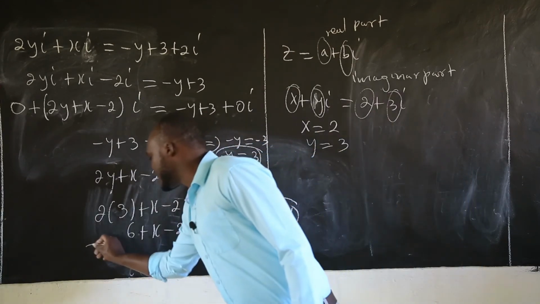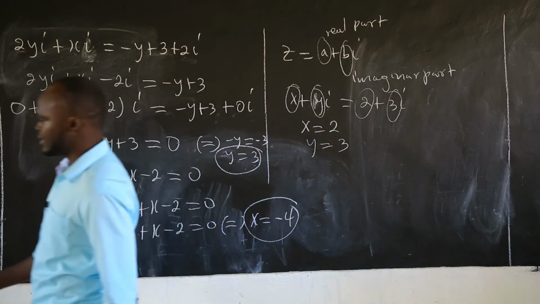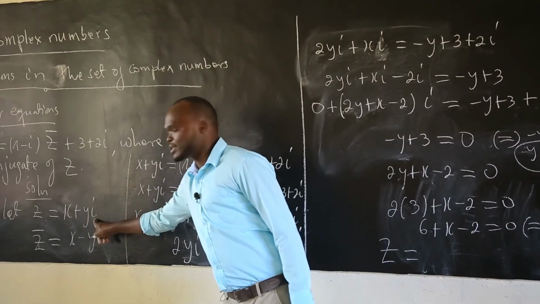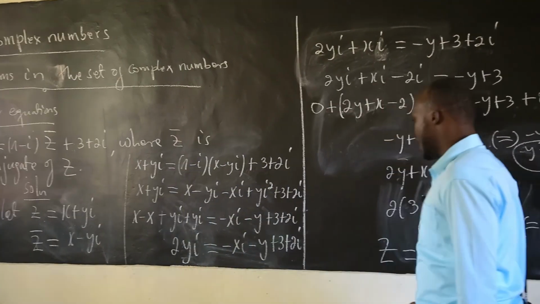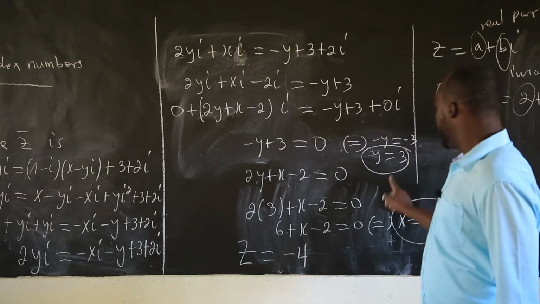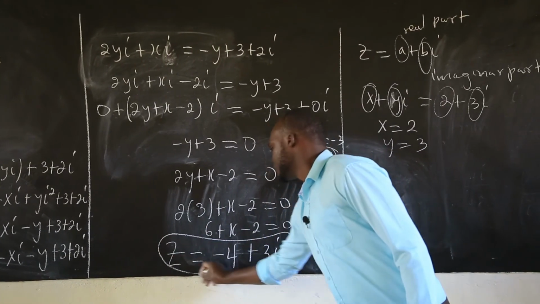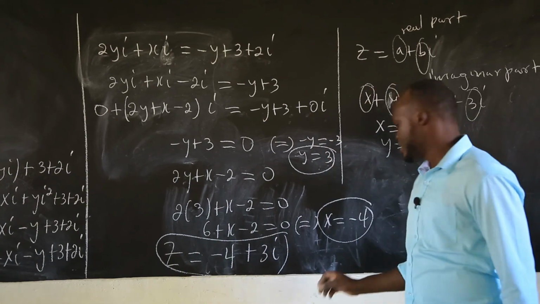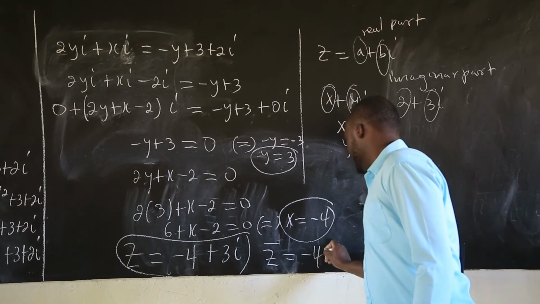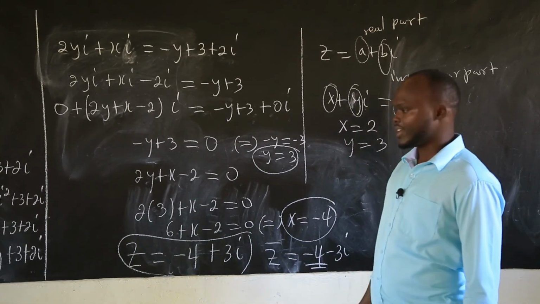So my z will be equal to x plus yi, so my z is negative 4 plus 3i. So this is the answer, where z conjugate is negative 4 minus 3i.